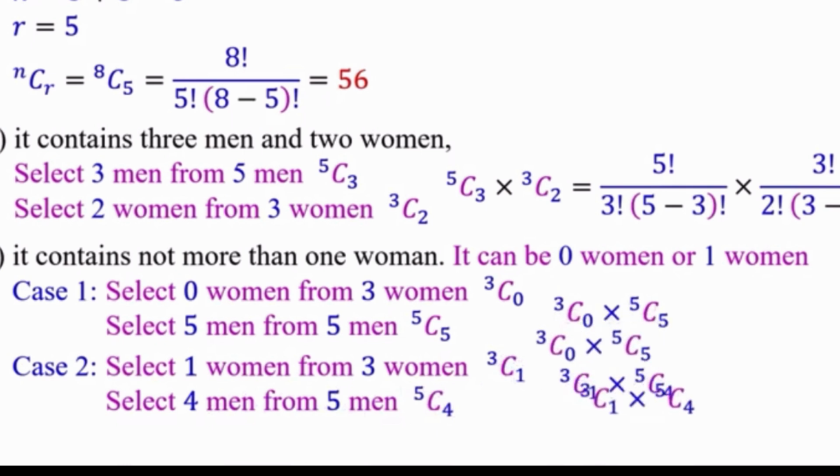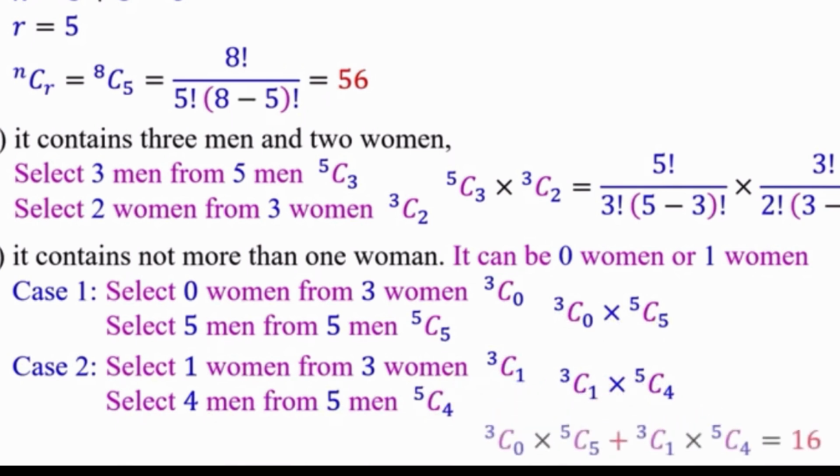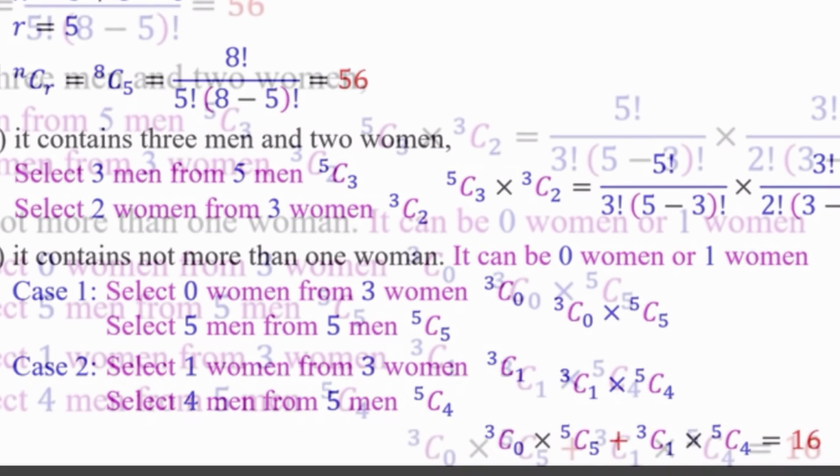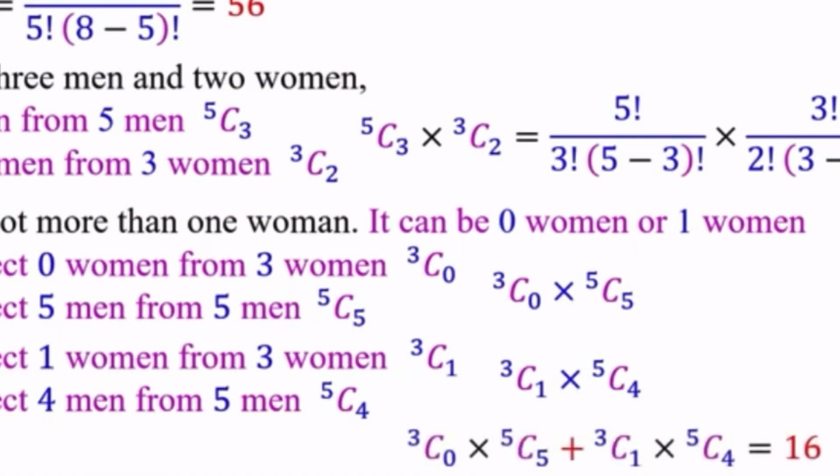So we have 2 possible cases, and it's either case 1 or case 2. Because of the or, we have to add. So the total number of ways to form the committee with not more than 1 woman is 16.